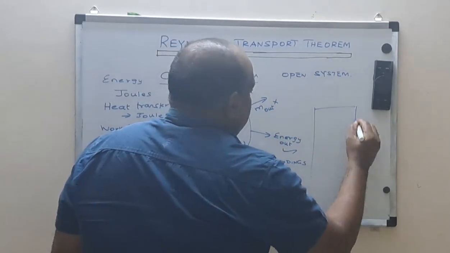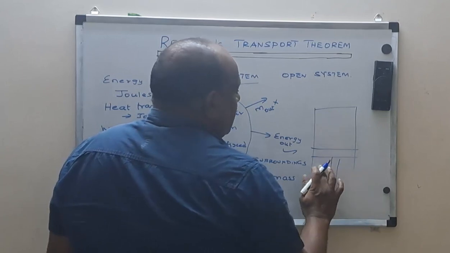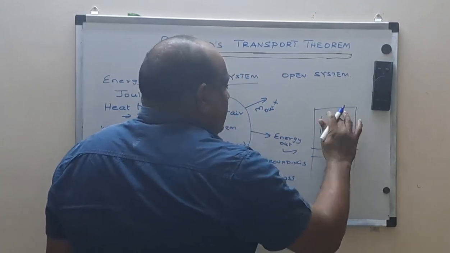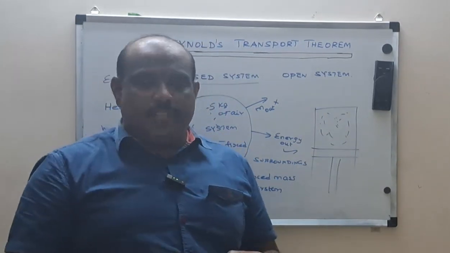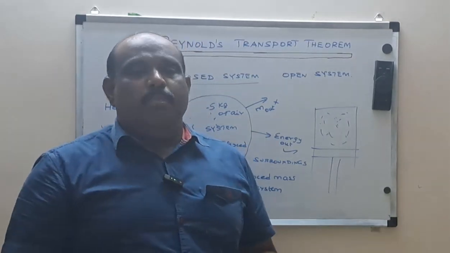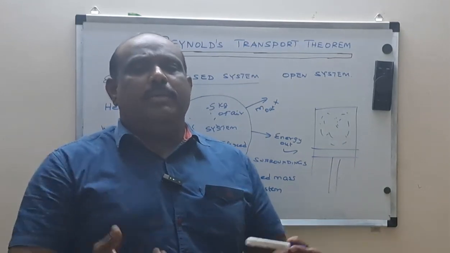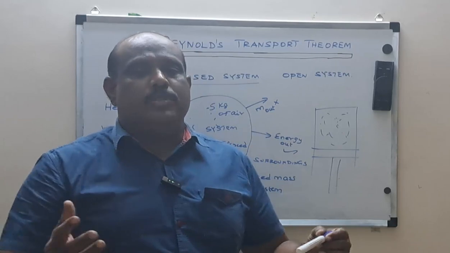For engineering application, this is my cylinder, this is my piston. If I want to study the properties of this particular fluid, then that is my system. An IC engine is my system. A gas turbine combustor is my system. A blower is my system. So wherever you want to study, that is what is called your system. So don't imagine the system to be too complicated.